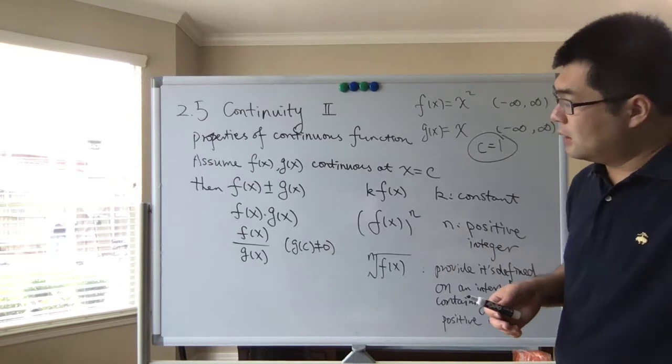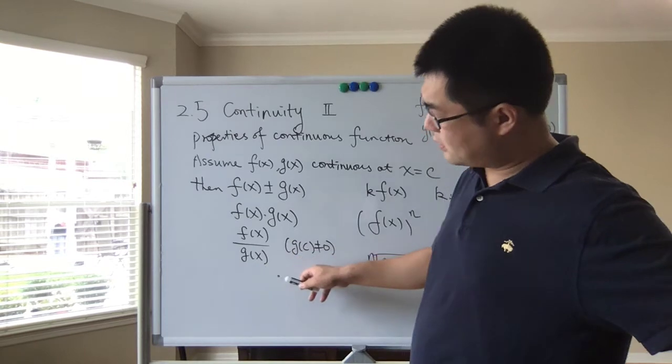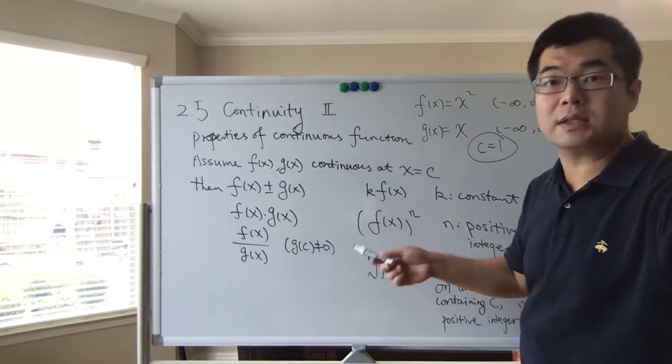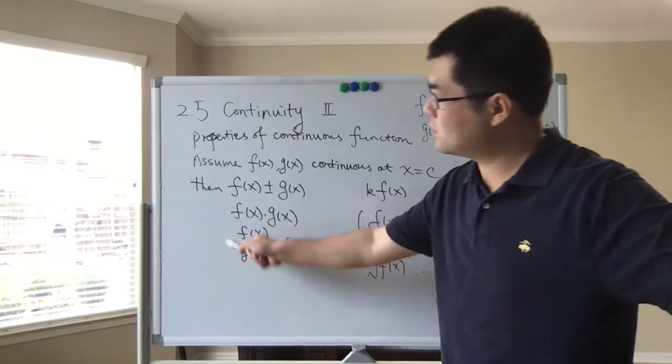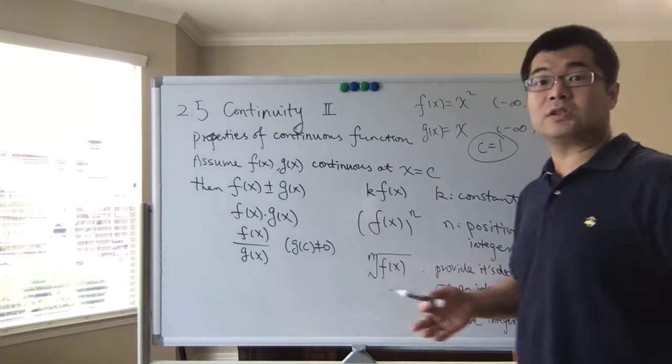Okay. Now you can also construct the quotient f(x) over g(x), and also make sure that g(c) is not 0. Okay, so this new function, the quotient, is also continuous at x equals c.